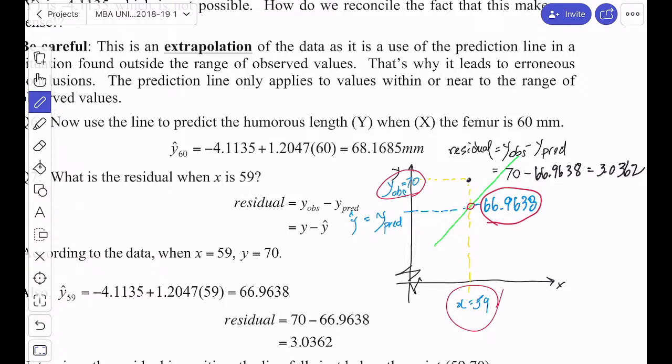So this is for the answer about finding the residual. And this is for the answer if you were to predict a point on the line. And we did both in this one. I got the prediction and I got the residual. Any questions?